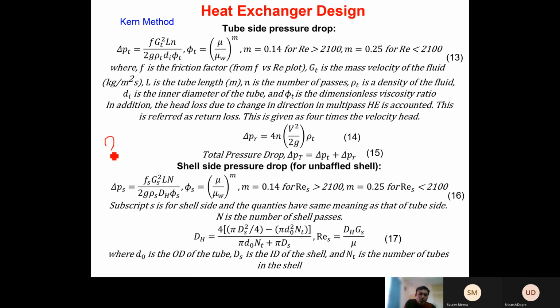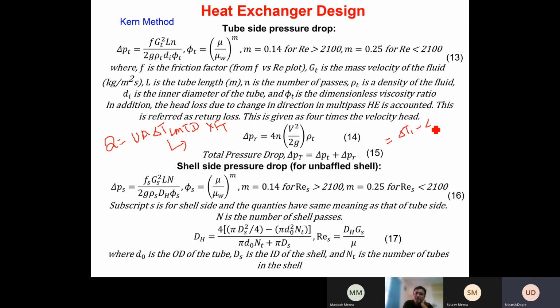Q is calculated as U A delta T LMTD into the F_T factor, correct? Do you agree? Yes, sir. How will you calculate delta T LMTD? Delta T LMTD is (delta T1 minus delta T2) over ln(delta T1 by delta T2). This is what delta T LMTD is.